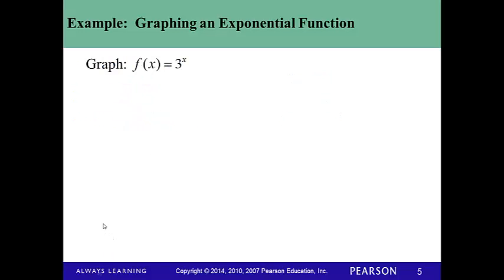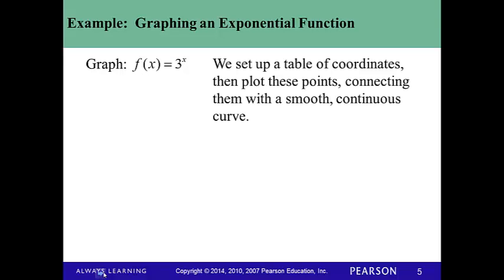So now let's talk about how you graph an exponential function. If we wanted to graph f of x equals 3 to the x power, the first thing we want to do is set up a table of coordinates. So these coordinates are your x's and your y's.